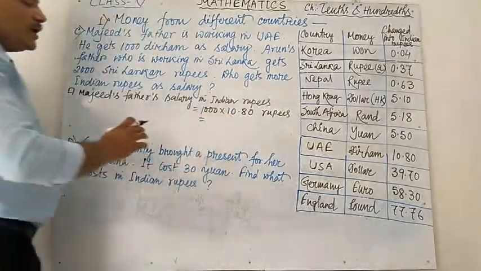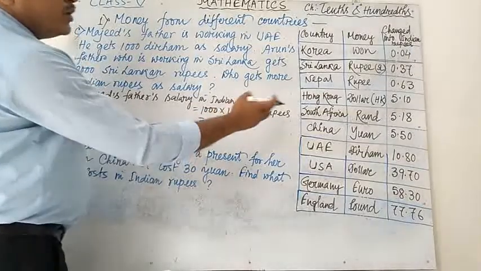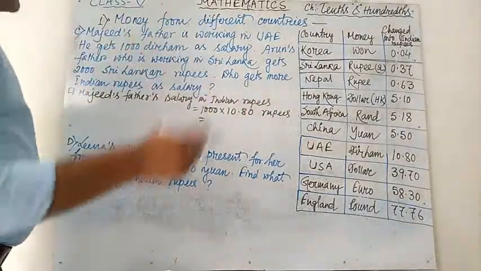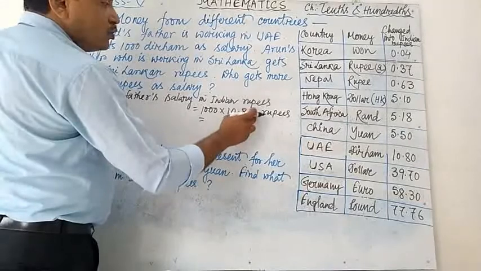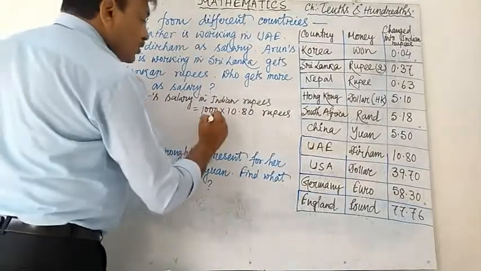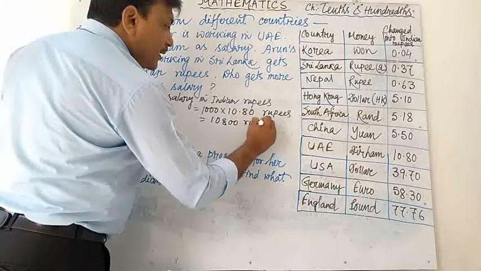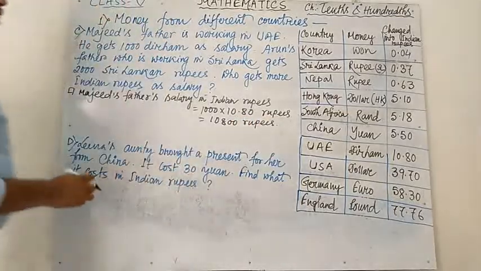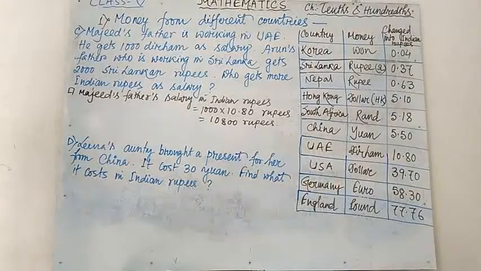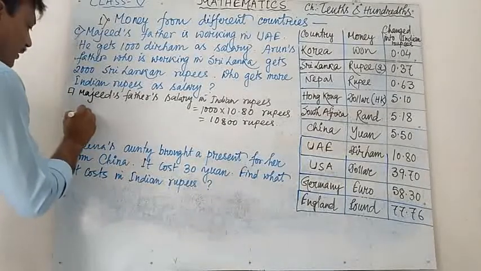Multiplying by 1000, the point will shift 3 digits to the right, so we have to take another 0. So 10800 rupees, that is 10,800 rupees.